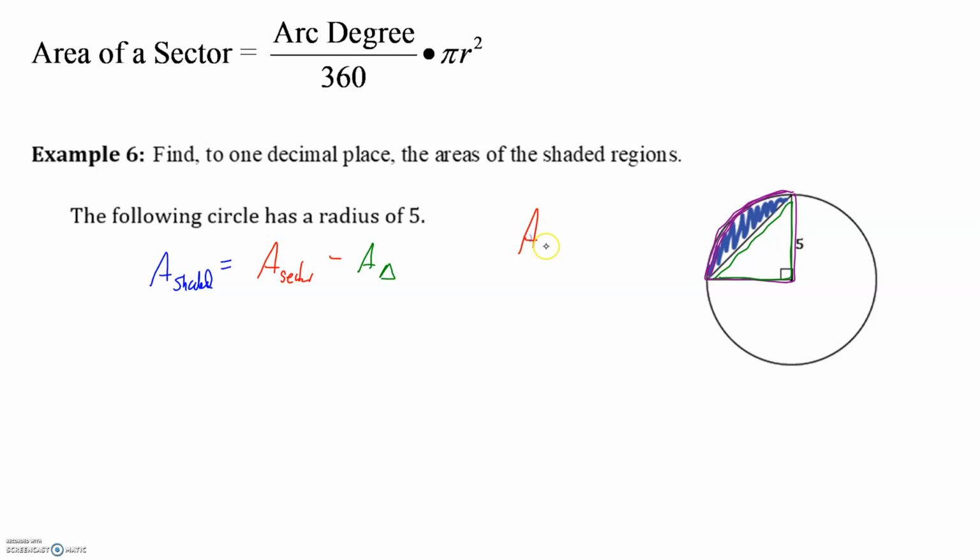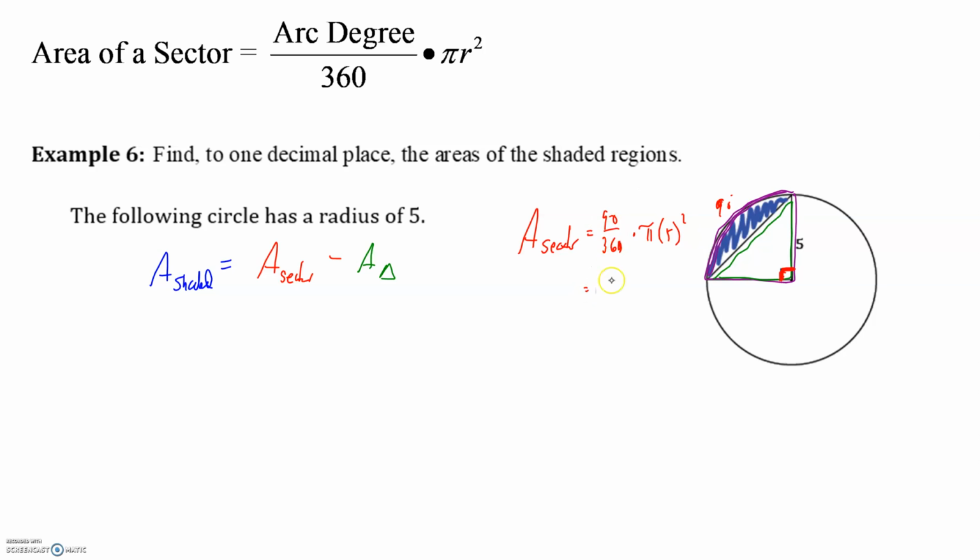So area of the sector is going to equal, we know that the angle is 90 degrees. Now again, they could give it to us here, or they might write it out like this and say the arc is 90 degrees. It's the same thing. So we're going to say 90 out of 360 times pi r squared. So pi, and the r in this case is 5 squared.